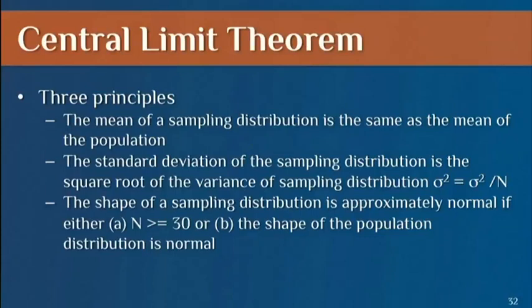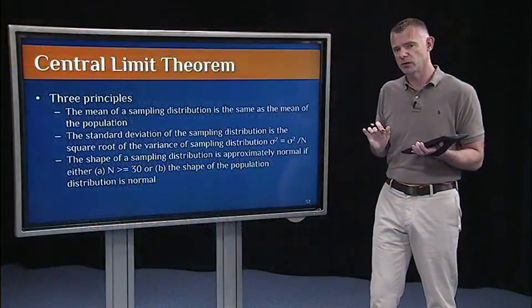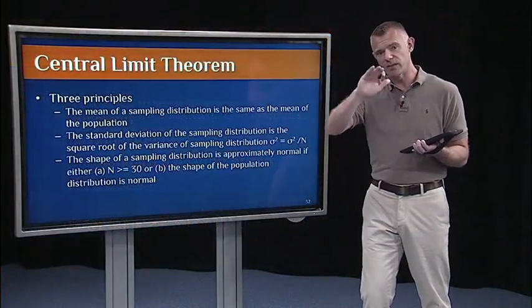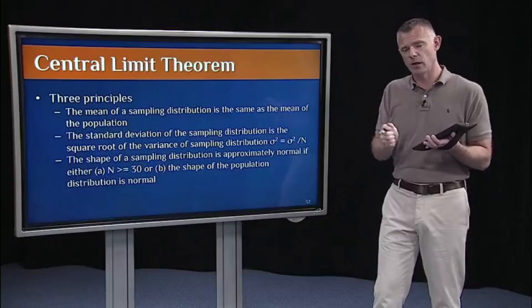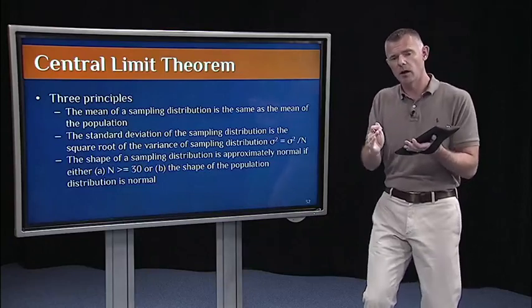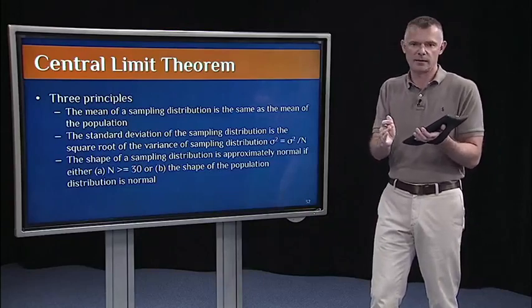And then third, most importantly, is that the shape will approximate a normal distribution if we have large enough samples. Even if the shape of the population isn't normal, the shape of the sampling distribution will approximate that normal distribution. It won't get perfectly normal, and we'll get a family of t-distributions instead that depend on sample size.